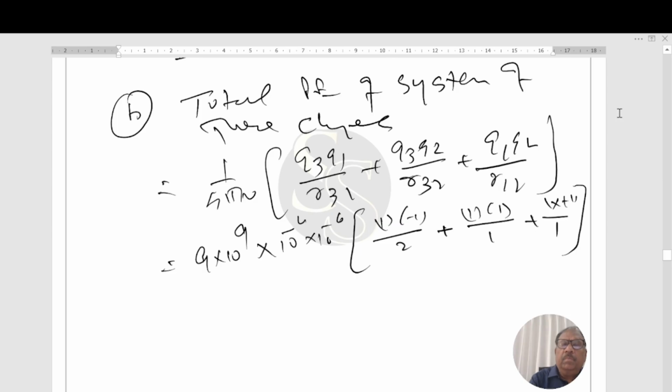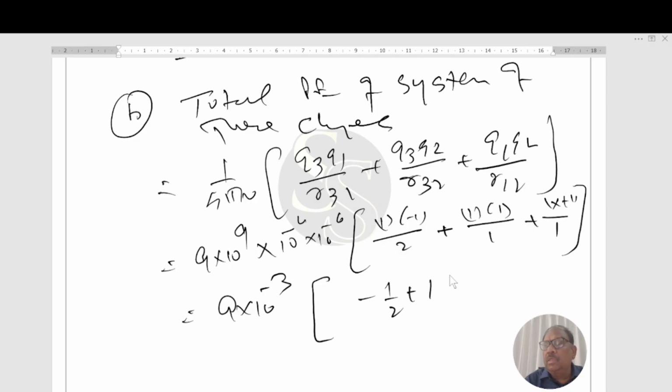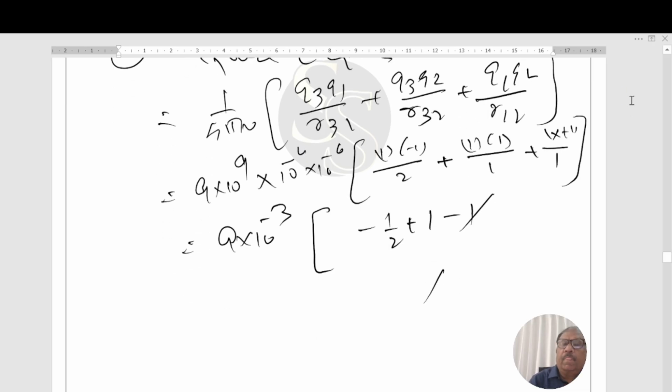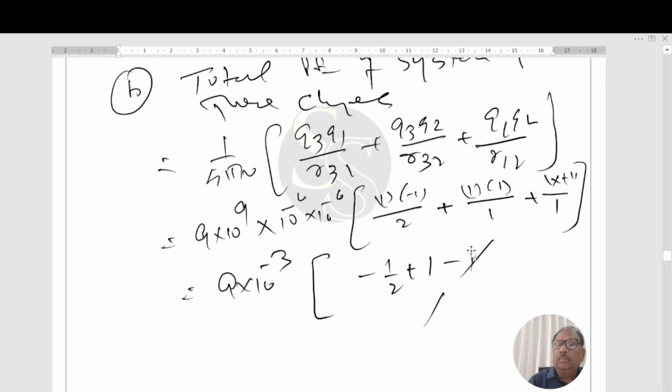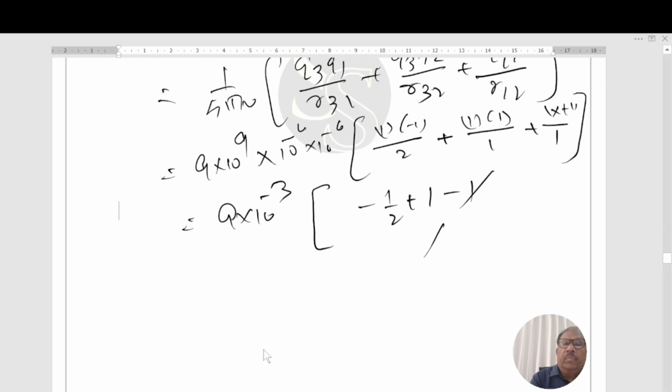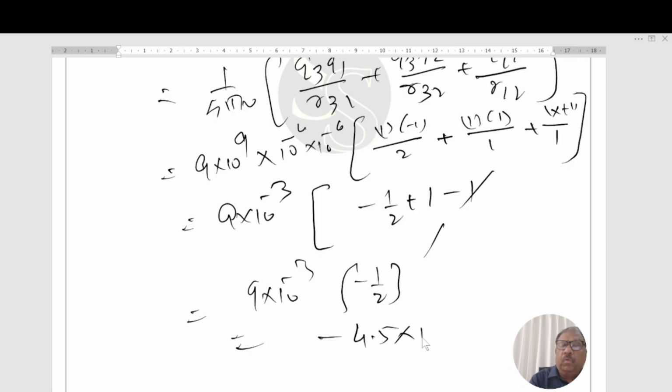On simplification, 9 into 10 to the power minus 3 upon minus 1 by 2 plus half. This comes out to be minus 1 by 2 into 9 into 10 to the power minus 3, that is minus 4.5 into 10 to the power minus 3 joule.